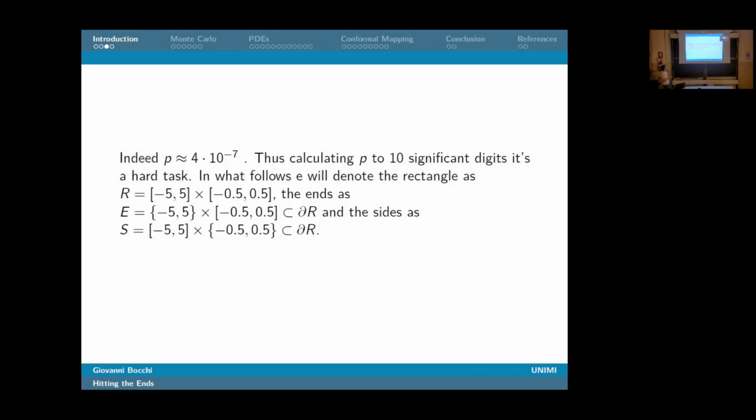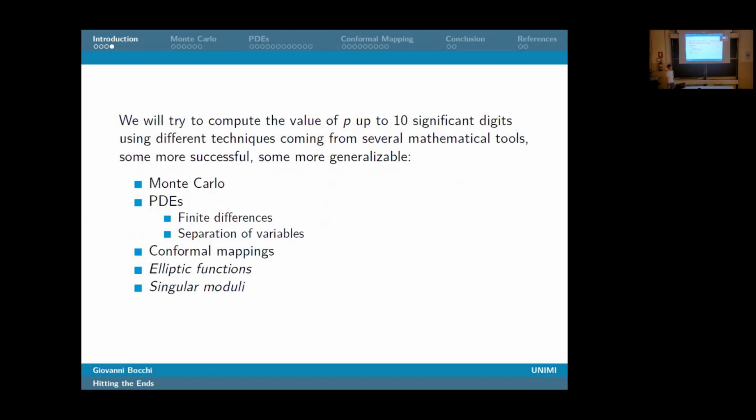And so we will denote the objects essentially. So we will denote the rectangle as the product of those two intervals, the ends and the sides correspondingly as subsets of the boundary. So with this notation, we will see, as I said, a bunch of techniques.